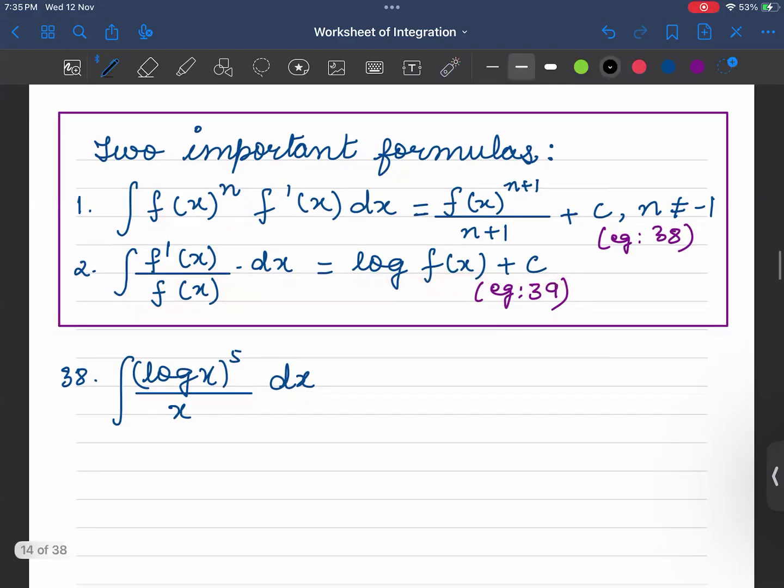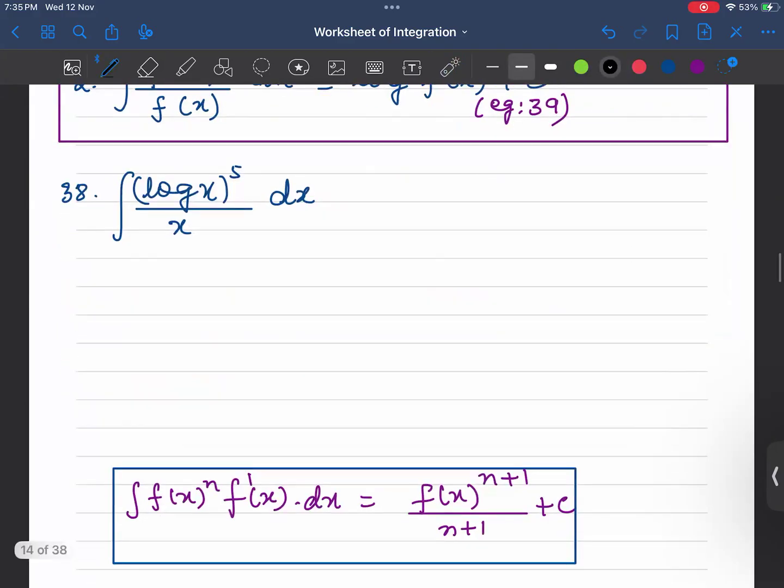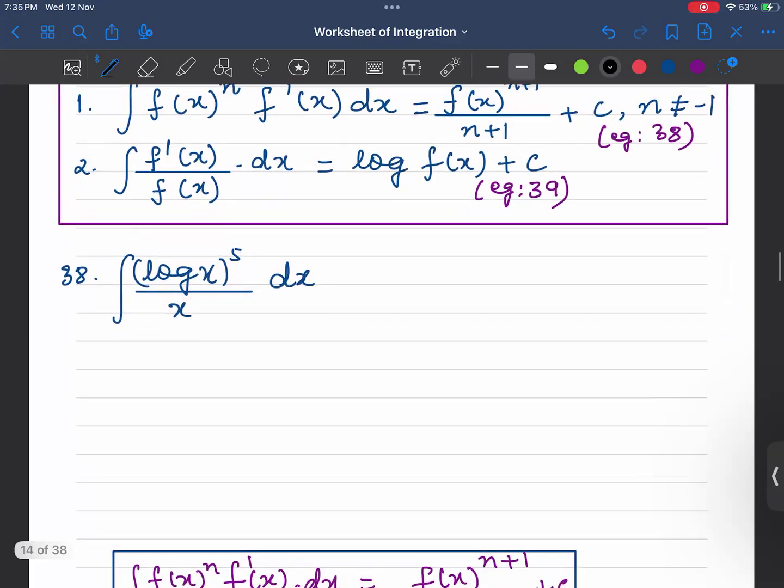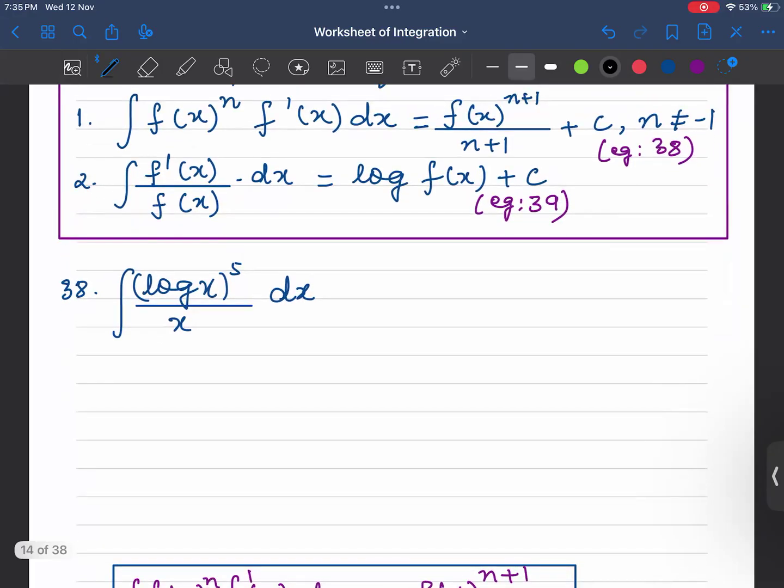Let's do something like question 38, which is log x power 5 upon x. We know it's just equivalent to this type. First thing, we can solve it by substitution also. If nothing comes up, simply substitute. Let u equals log x. Then I will tell you directly from the formula also. From the substitution, u equals log x, du upon dx is 1 upon x.